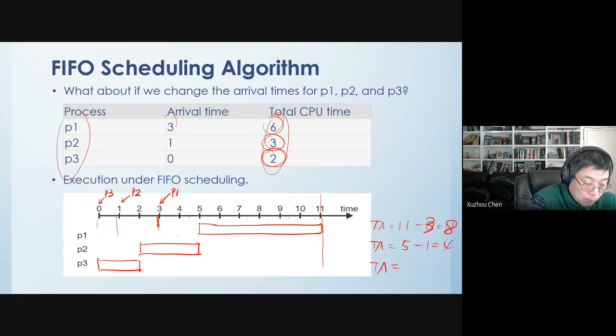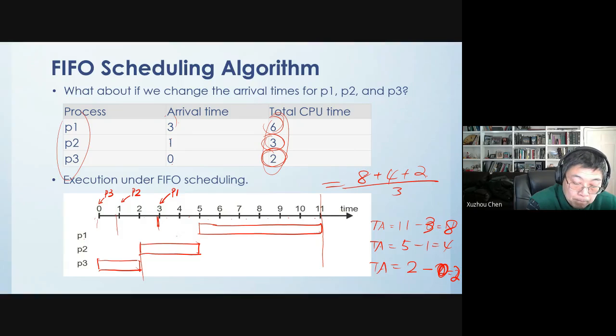That one's complete time is 2. Arrival time is 2, right? No, arrival time is 0. So that's 2. Is that right? So the average turnaround time is 8 plus 4 plus 2 divided by 3.